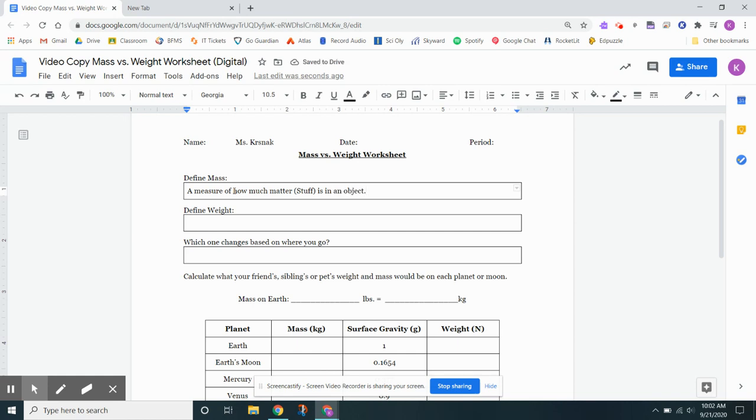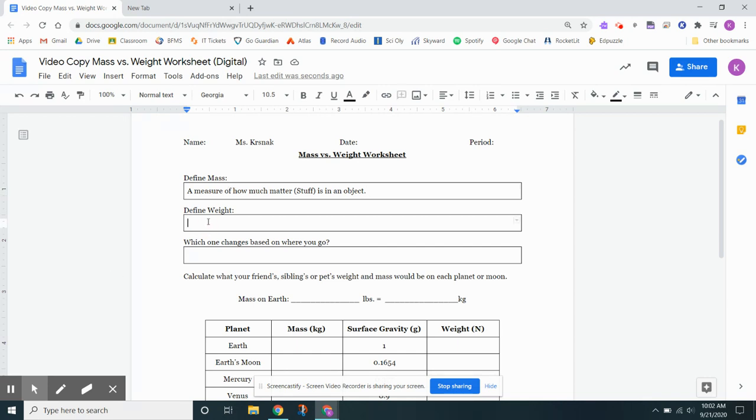Okay, so the more stuff making up that object, right, the more mass, right, the heavier it's going to seem. A desk has a larger mass than a pen. A pen has a larger mass than a paperclip, just because there's more matter that's going into making it up.